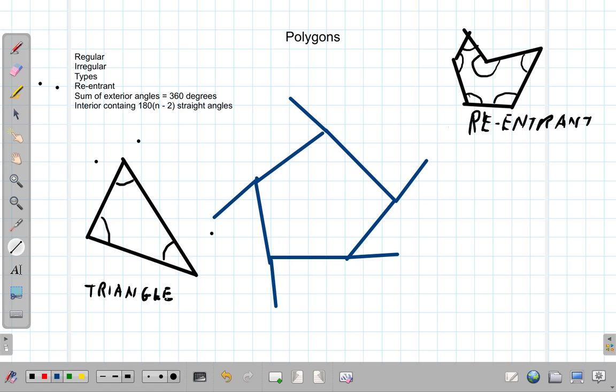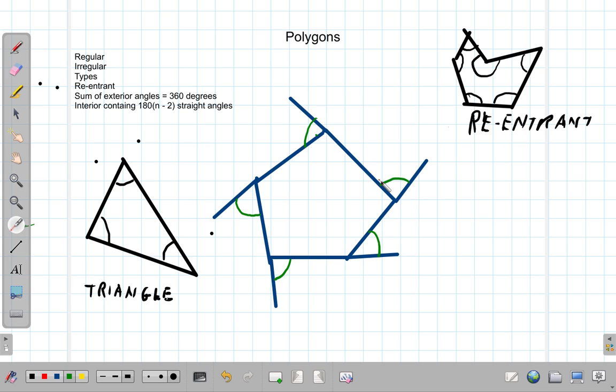So we have one extension of each side, right? Let's make one angle at each extension. Exterior, exterior, exterior, exterior, exterior. So we have an exterior angle on each of the sides. It means this angle, this plus this plus this plus this plus this, all 5 angles will add up to 360 degrees. All right?